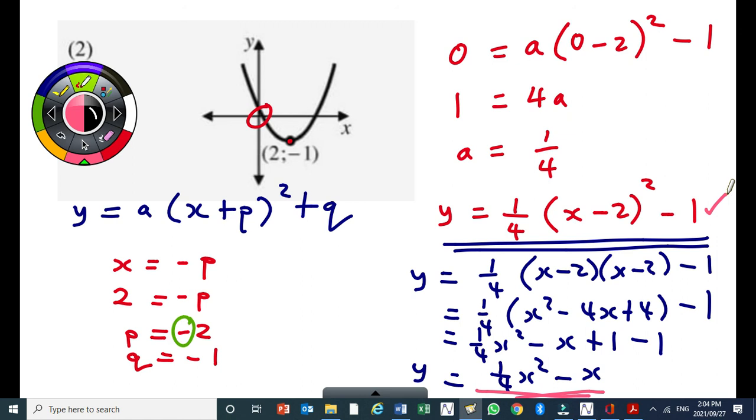You understand what I'm asking? For now, we have to be given the coordinates of the turning point. We are going to get to a case where the coordinates of the turning point are not given. That's a different aspect which I will talk about later.